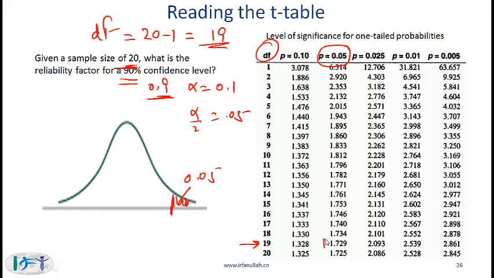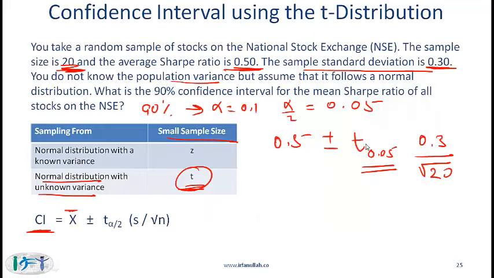So you have 1.729. So this number is 1.729. Now you plug this back over here. So t is 1.729, and you can do the maths. Your confidence interval is 0.5 plus or minus 1.729 multiplied by 0.3 over 20.